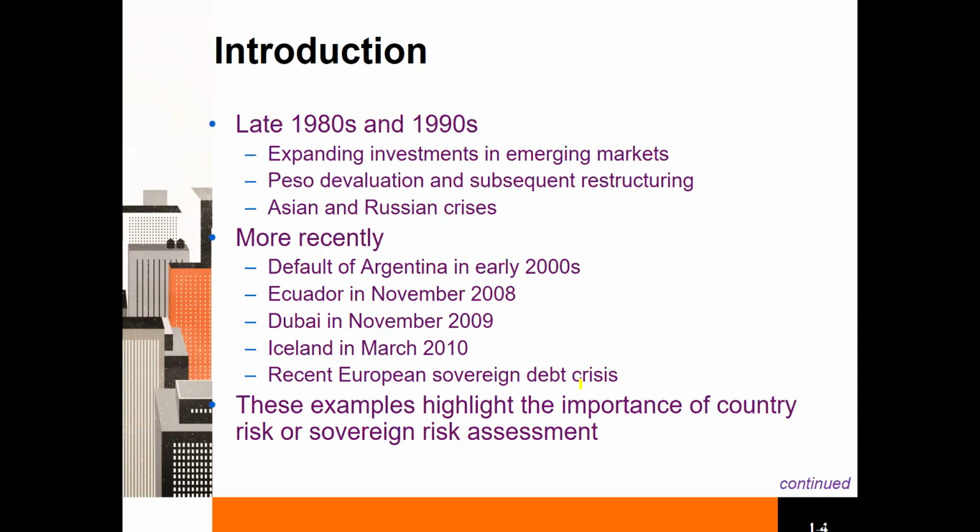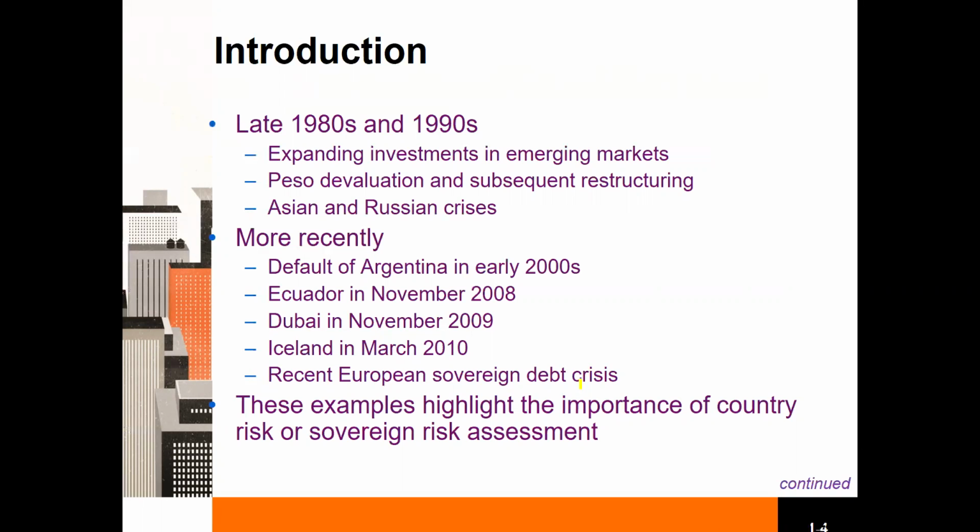After this, particularly from the Eastern European countries and some of the Latin American countries, many US banks that had large exposure in those countries had particularly large losses, and they had large loan loss reserves.